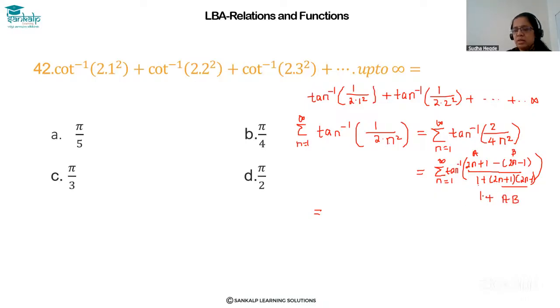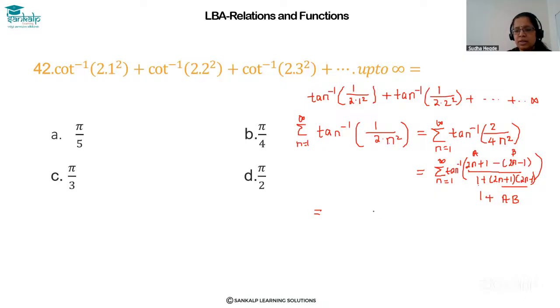So this is the expansion of what? It is the expansion of tan inverse A minus tan inverse B. Correct? Tan inverse A minus tan inverse B is equal to tan inverse of A minus B divided by 1 plus AB.